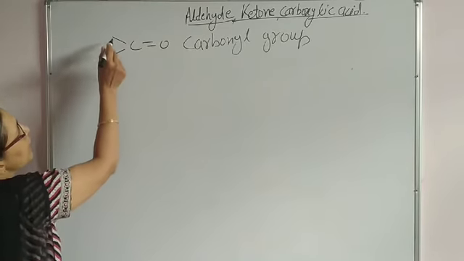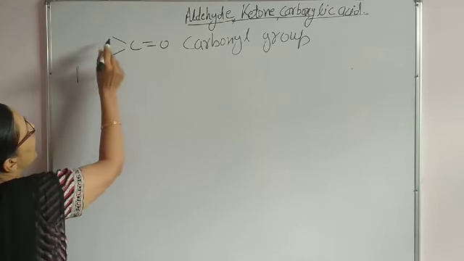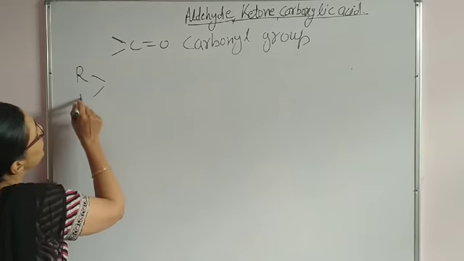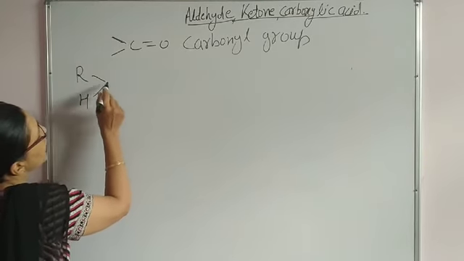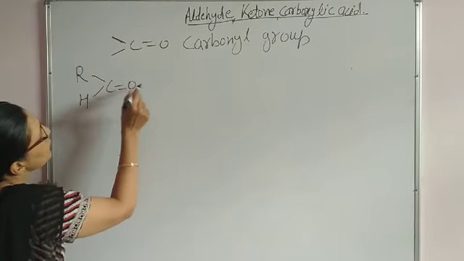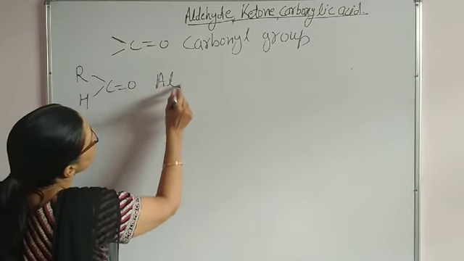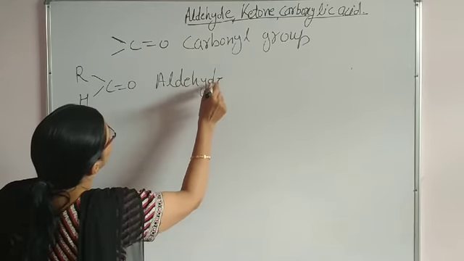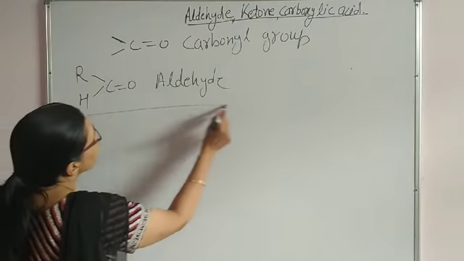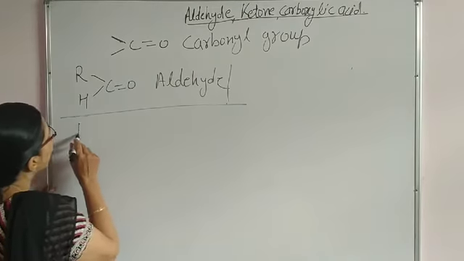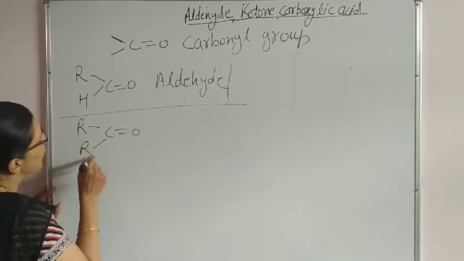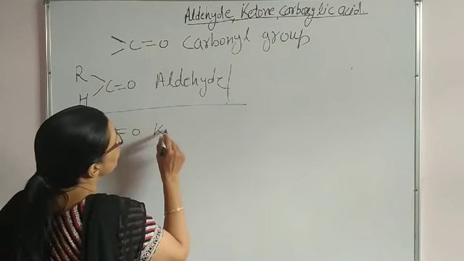The very first group, suppose one alkyl group is attached and another one is hydrogen, then it will be known as aldehyde. In the same way, suppose two alkyl groups are attached, then it is known as ketone.